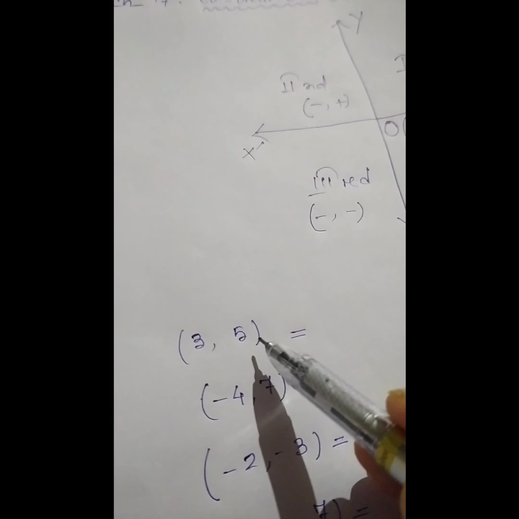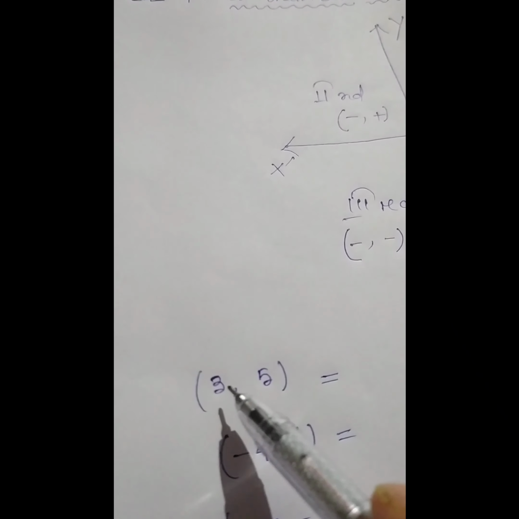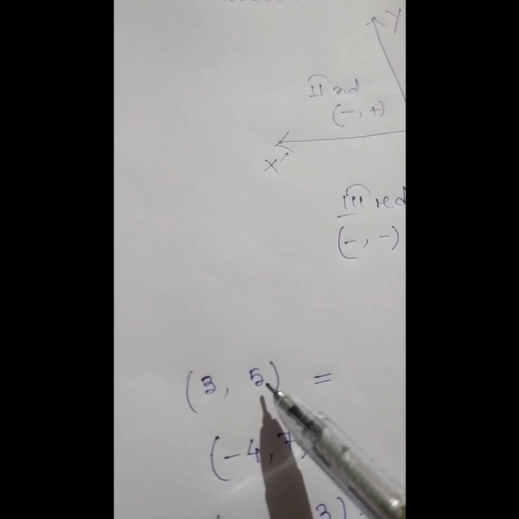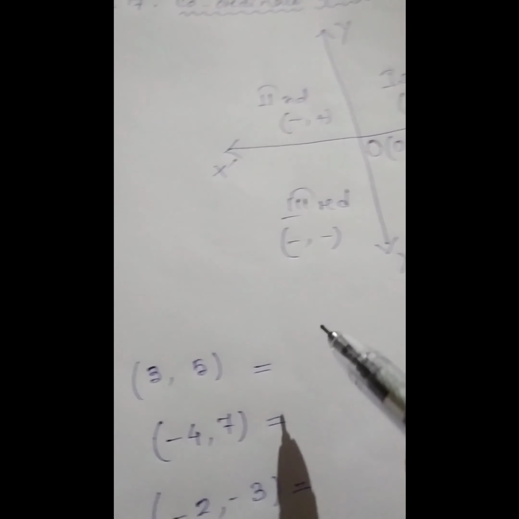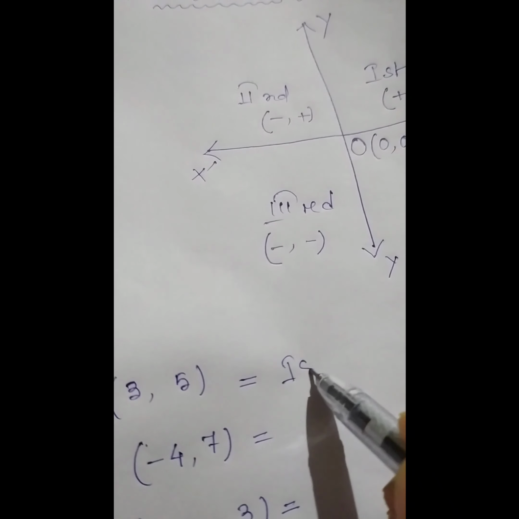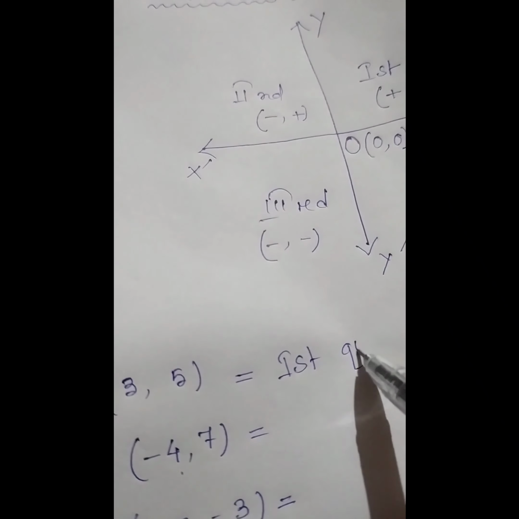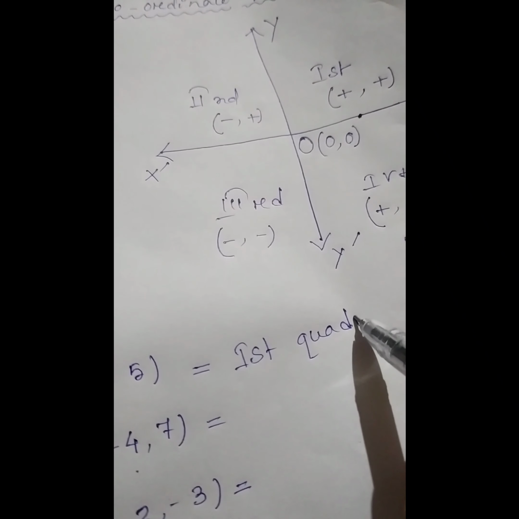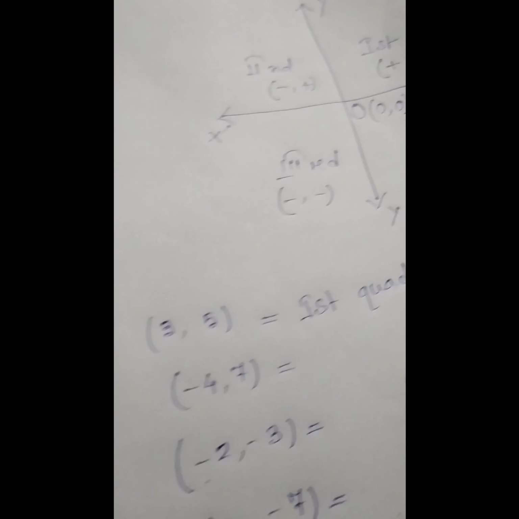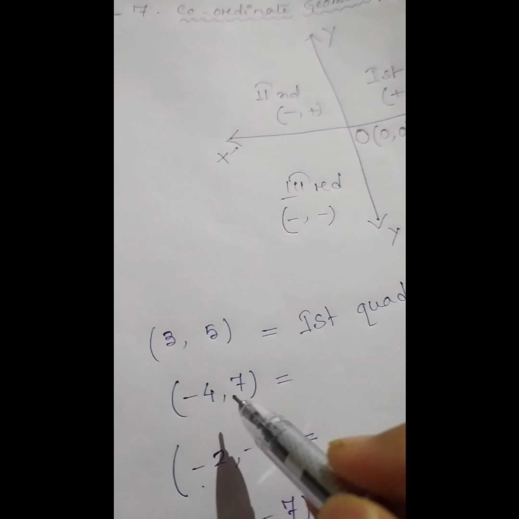The point (3, 5): both are positive. The value of x is positive and y is also positive, so it lies in the first quadrant. Second is (-4, 7).